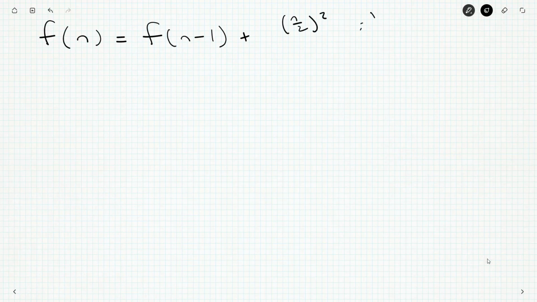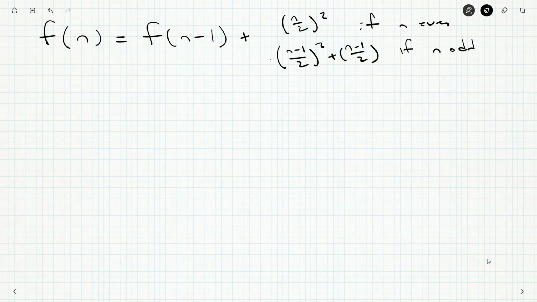So using B and this claim that I've just made, f of n is f of n minus 1, well, yeah. And then it's plus n over 2 squared, if n is even, n minus 1 over 2 squared plus n minus 1 over 2 if n is odd. Okay.